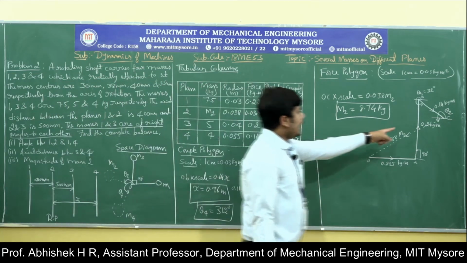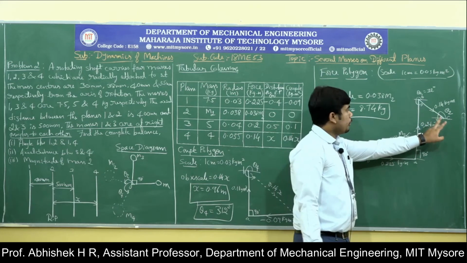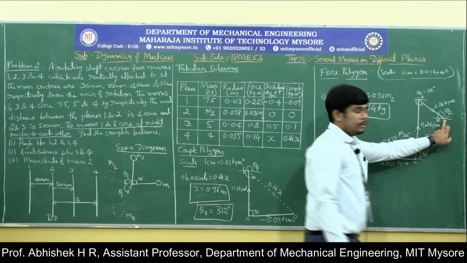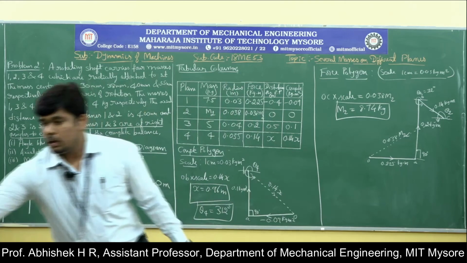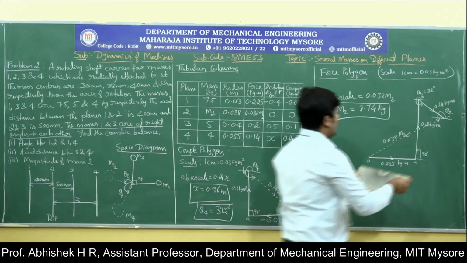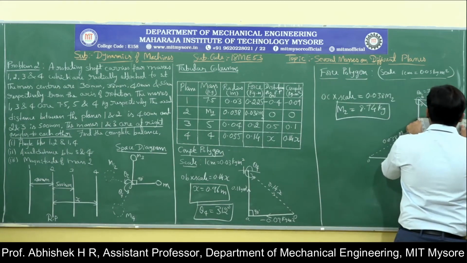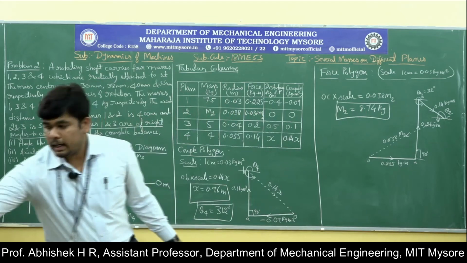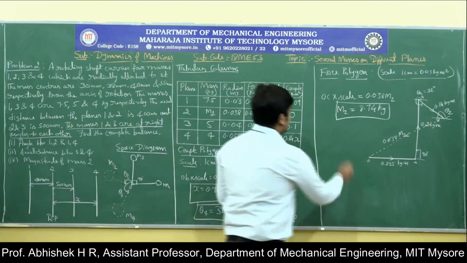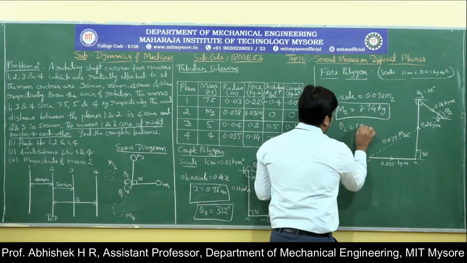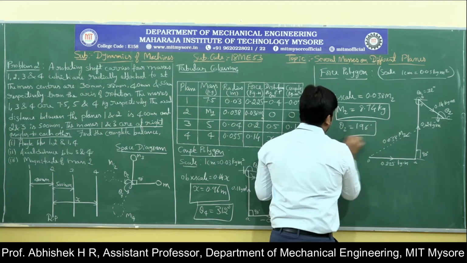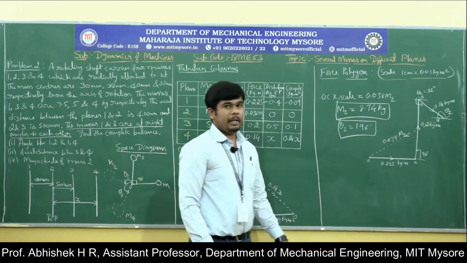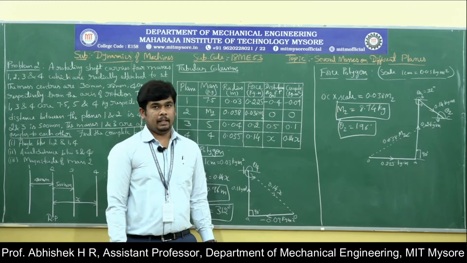Now measure this angle, put your protractor over here, and you will get around 195 or 196, so I will take 196. Theta 2 will be 196 degree.